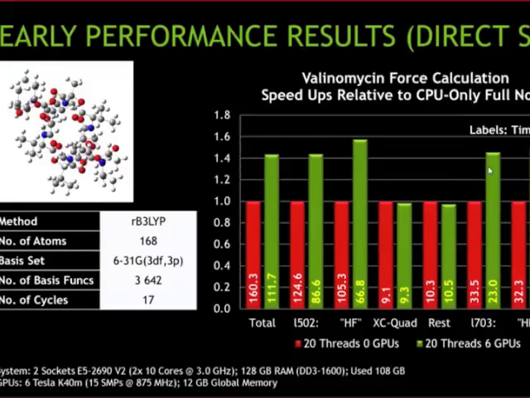Similarly, for 703, the Hartree-Fock part is around 50% faster. We have not done any work on the XC quadrature. In total, we get an acceleration of around 40%, which is really not great. But as I said, this is something that we are still working on, and we think we understand which kind of things we need to attack to improve the performance.